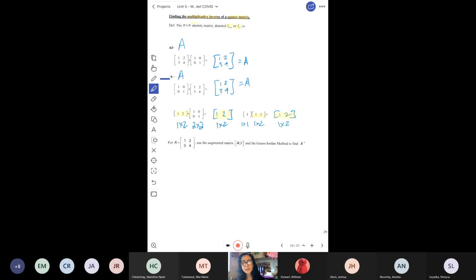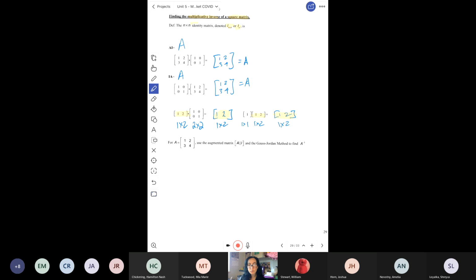Now, we talked about how to get the inverse of a matrix. We talked about how to get the inverse of a 2 by 2 matrix: compute the determinant, check to make sure it's not 0, and then to find the inverse of a 2 by 2, we did 1 over the determinant times that adjoint matrix, where we interchange the main diagonal and negate the elements on the cross diagonal.